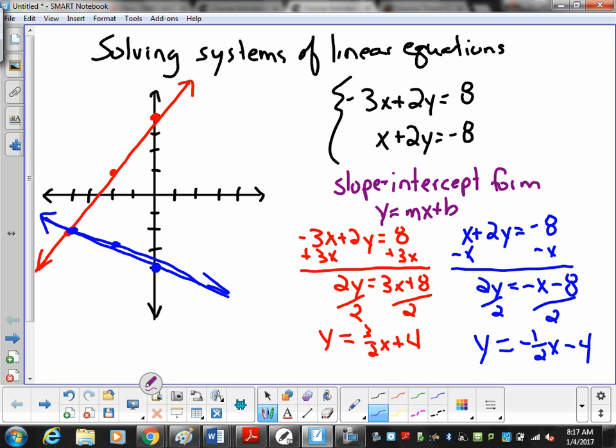So from there, I'll get my line a little bit better next time, but where they end up intersecting is your solution, which is this point right here. And what are the coordinates of that point? You always do the left first, so negative 1, 2, 3, 4. That's my x. And then negative 2.